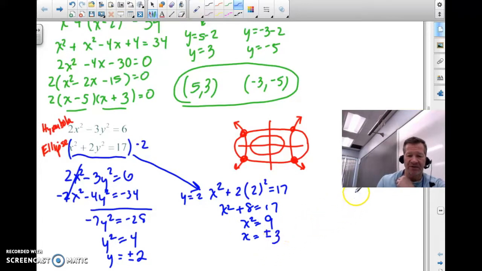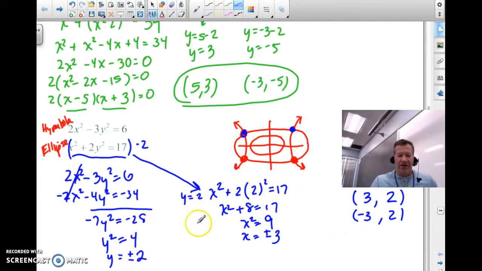So what happened? Well, I put in 2 for a y value, and I got not only +3, but also -3. So this graph is going to go through 3, 2, and through -3, 2.